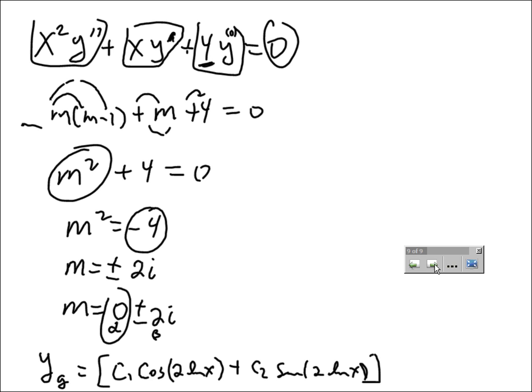Okay, let's try one more problem. Let's make sure that the complex number has a real part. For example, 7 minus 4i, that's the real part, that's the imaginary part.